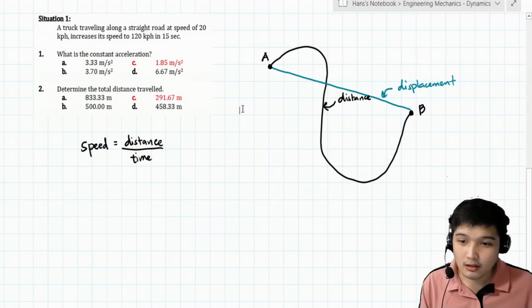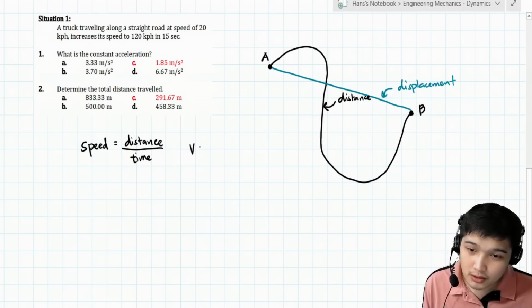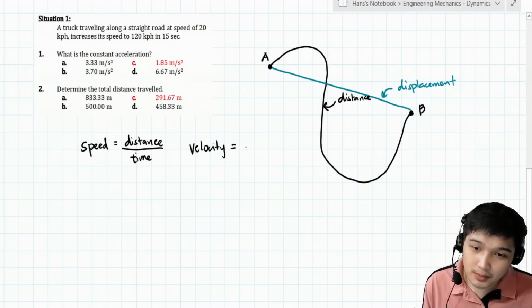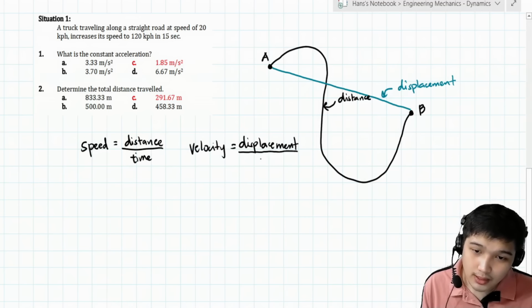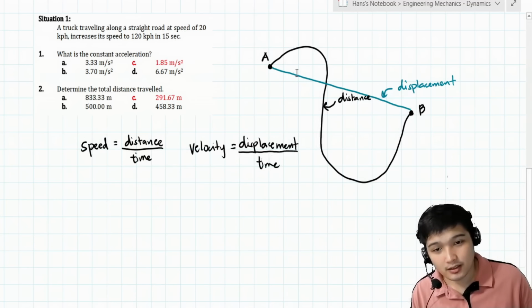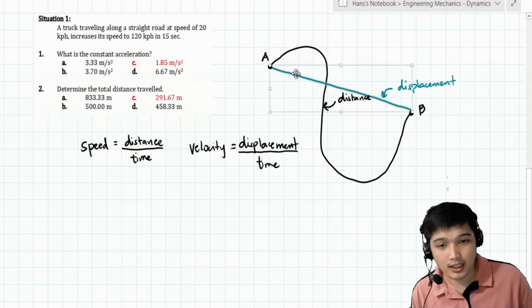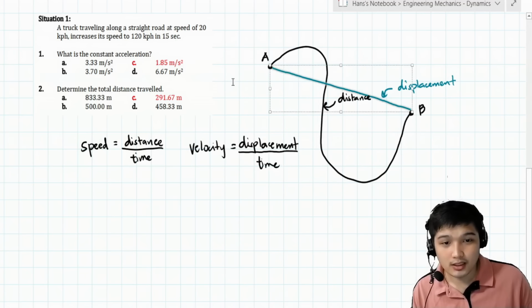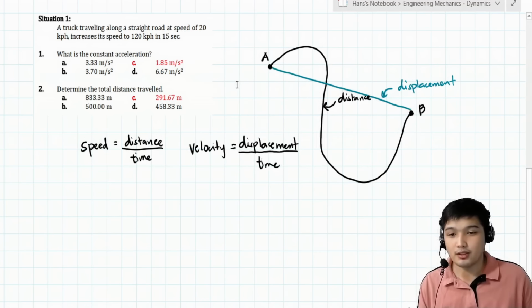While kapag ang pinag-uusapan naman natin is velocity, dito naman, displacement over time. So ito yung gagamitin natin, yung straight distance between the initial and the final position. Okay? So yan yung difference, guys.